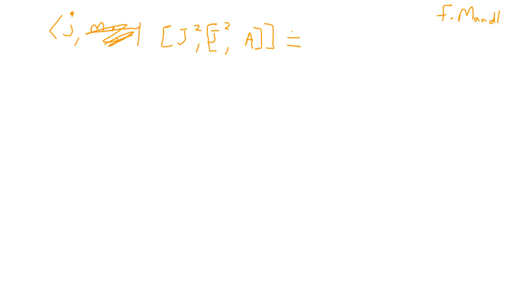Maybe during consultation, I might show you how to get the identity, given by 8 h bar J squared A plus A J squared minus 4 h bar squared A dot J with J. This holds for a generic operator.